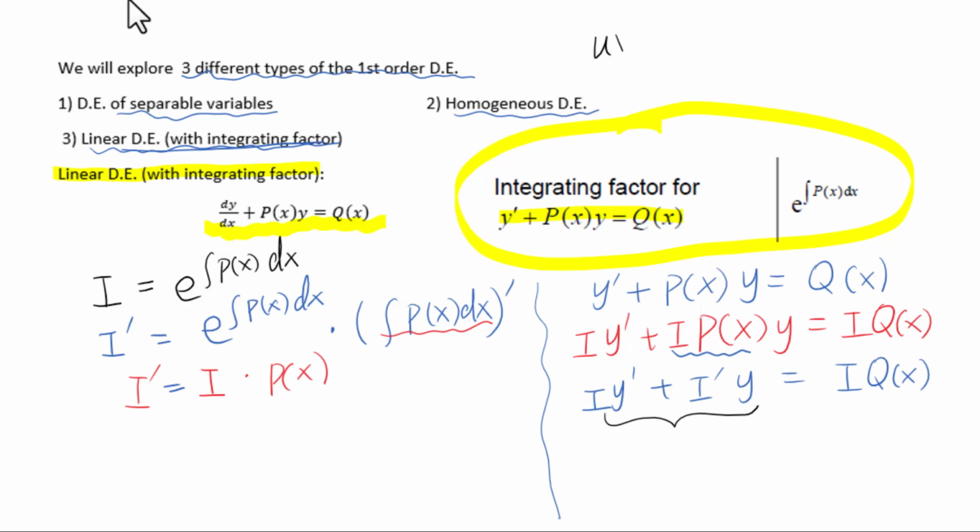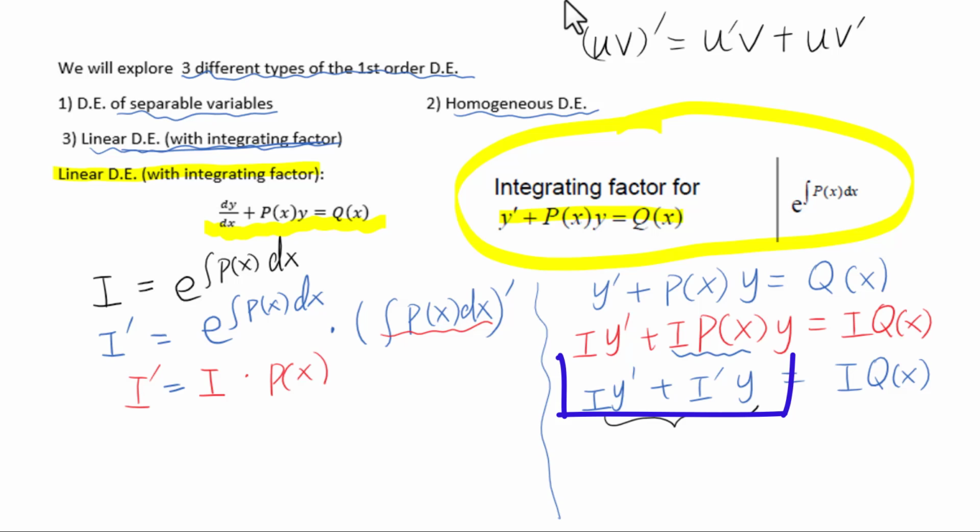We do know (uv) prime equals u prime v plus u v prime. Basically, this is the product rule of derivative. So (I y) prime equals I q of x.